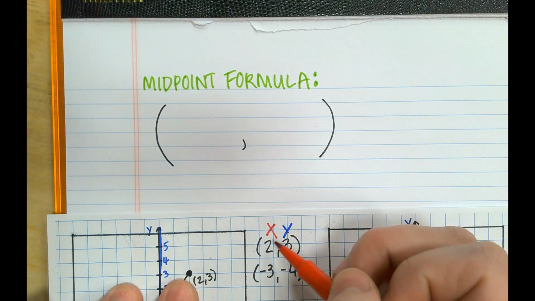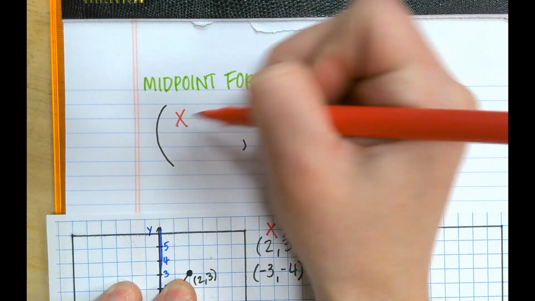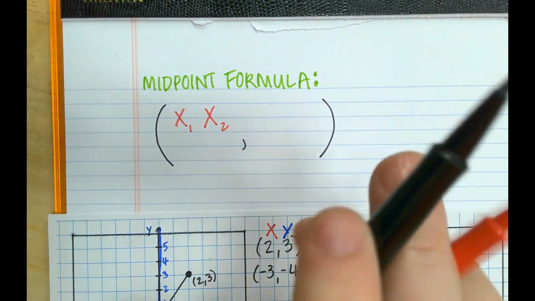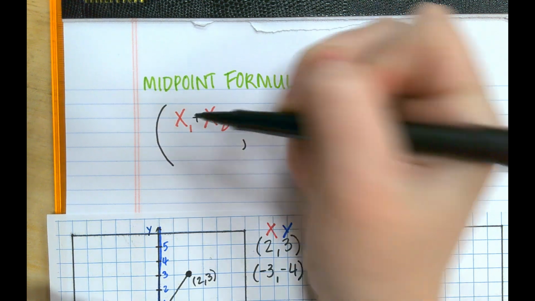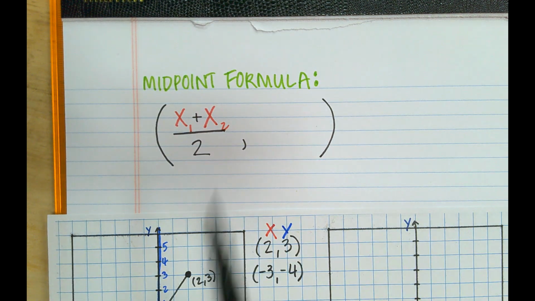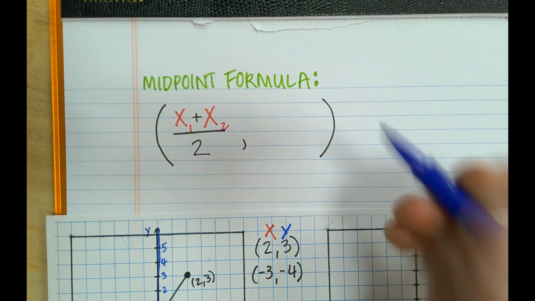It's all related. So x comes first in a coordinate, so I'm going to start by taking x1 plus x2. I'm just going to divide it by 2. And that's going to be my x coordinate, or my x value. And we're going to do the same thing with our y's.